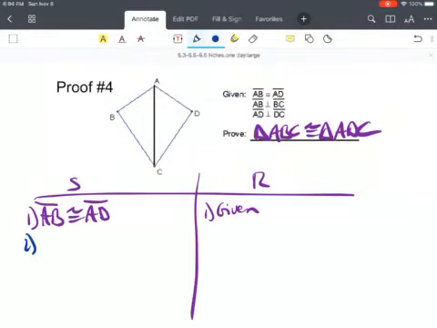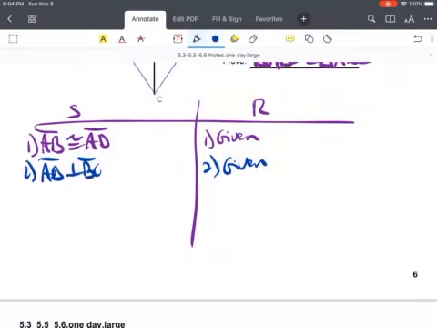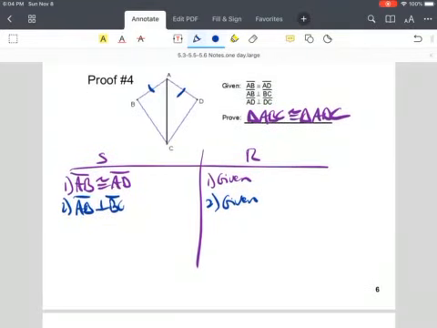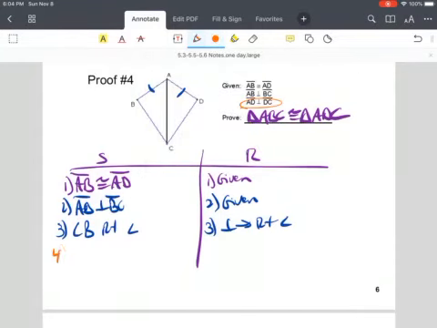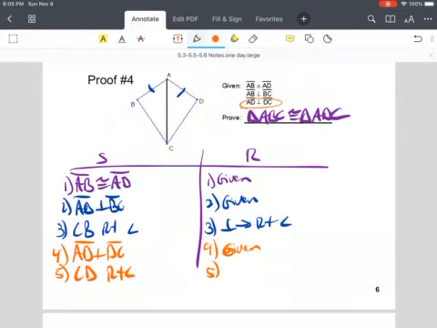Now, if I say that I have my pair of sides marked congruent, and then if I say that AB is perpendicular to BC, I'm going to go ahead and just say what that tells me next, which is the fact that angle B is a right angle. And then my next one, my other perpendicular statement, and that tells me that angle D is a right angle.